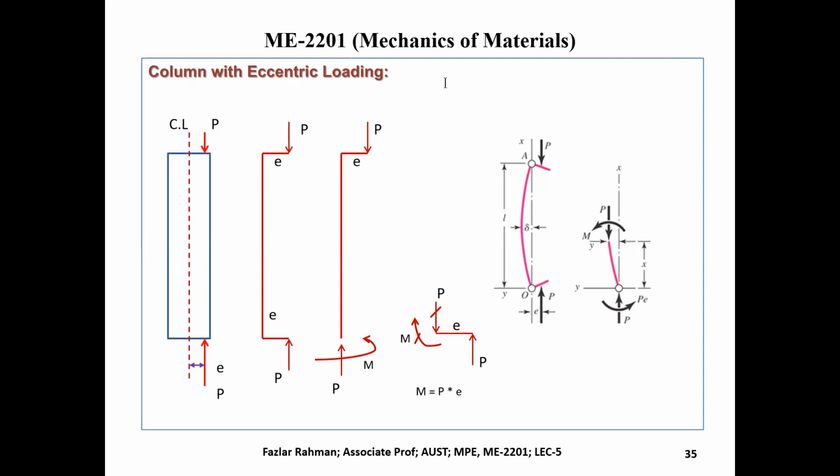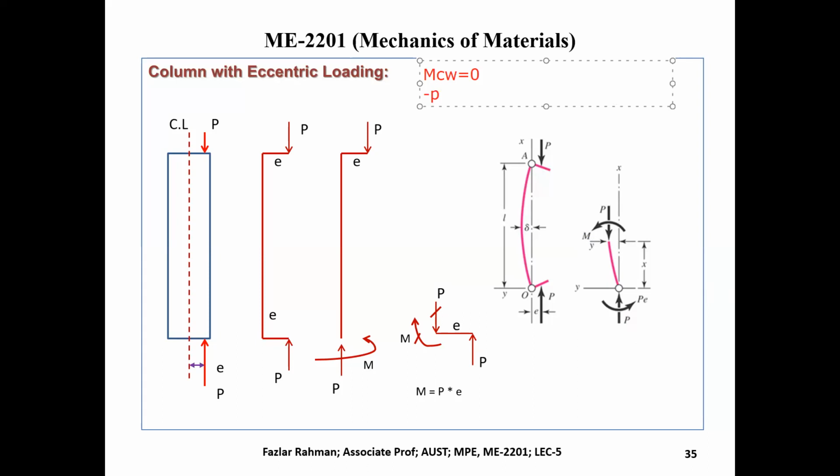So how can I figure out this value of M? You take moment at the point where we cut the beam. Then you say the sum of moments, clockwise, equal to 0. Then P into E, rotating which direction with respect to this point? Anti-clockwise, right?